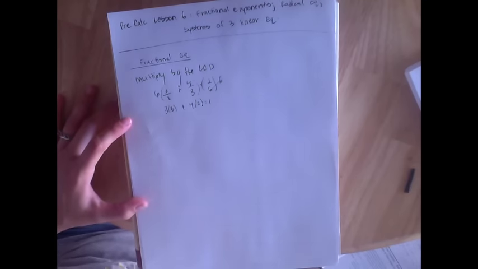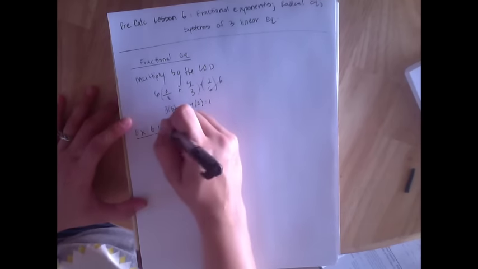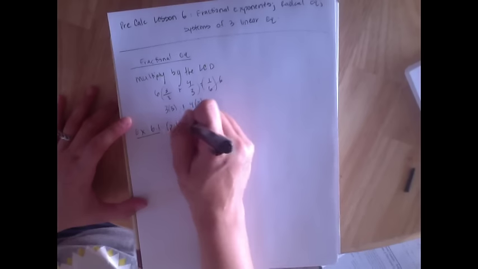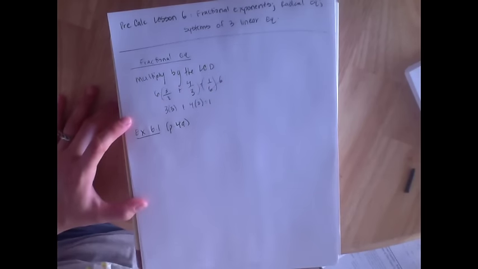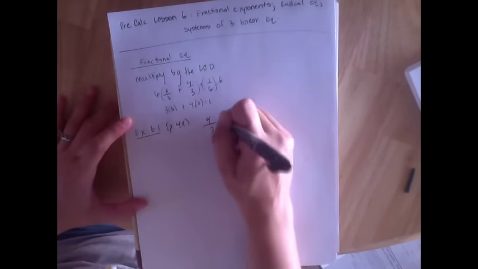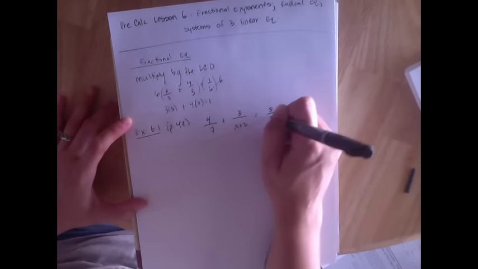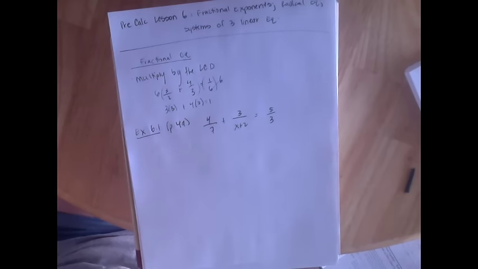Equations meaning that there is a variable. So let's do our first example, example 6.1 on page 49, again, second edition. If we were to solve 4 over 7 plus 3 over x plus 2 equals 5 over 3. We have to figure out what our least common denominator is.